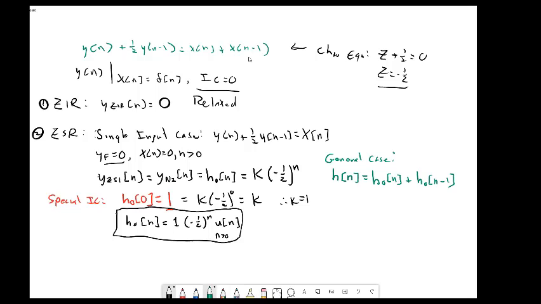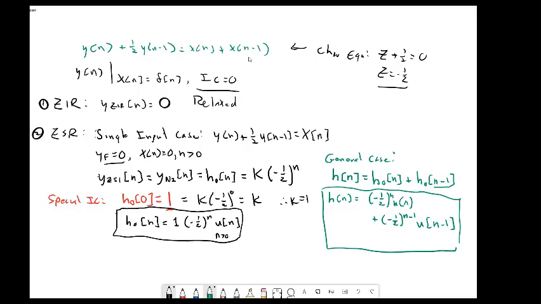I'm generalizing it just like it was any kind of zero state response. And that happens to be minus 1/2 to the n u of n. I have to replace all n's in my single input case unit sample response with n minus 1. So we would be adding a minus 1/2 to the n minus 1 u of n minus 1. And there's our general case unit sample response.